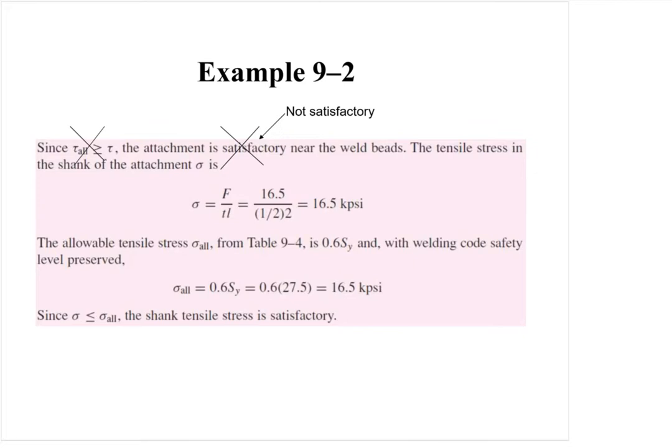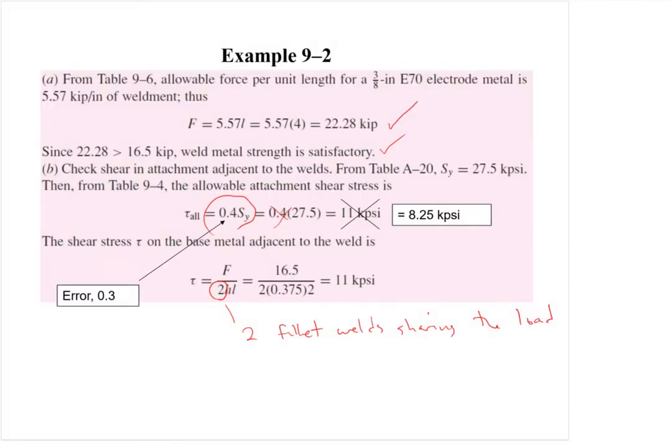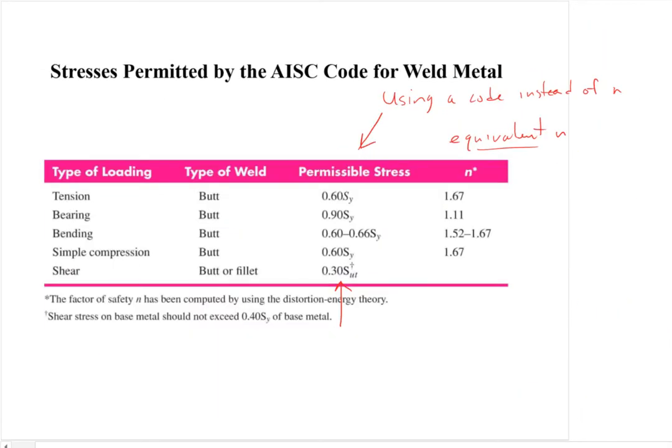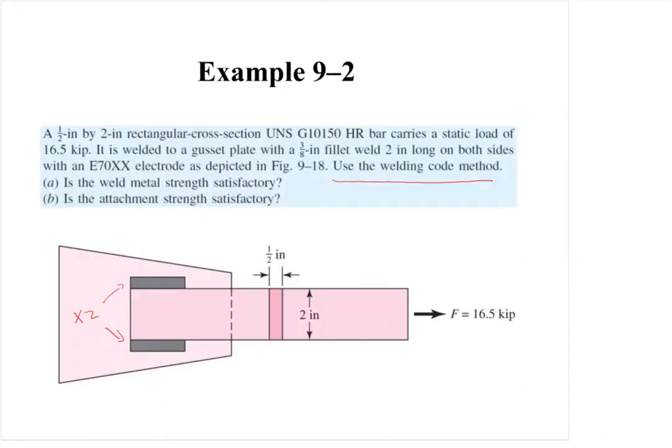So you might want to go back through and look at the very table that they have. Where was it? Yeah, right here. Shear, butt, or fillet, this is the one that's incorrect. So this is incorrect in example, what was that, 9.2? Yeah, example 9.2. That goes back up to, where was that?